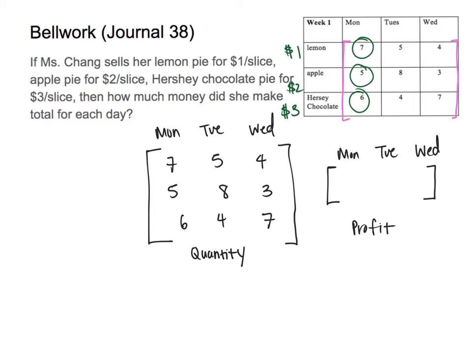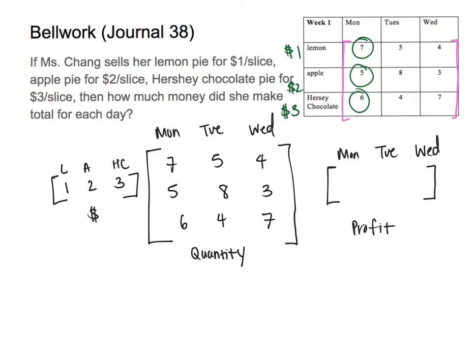Because I'm about to multiply the prices to the corresponding pie quantity, I might as well build the matrix for that. This could be representing prices, so I'll call it dollars. This will be 1, 2, 3, for lemon, apple, and Hershey chocolate.